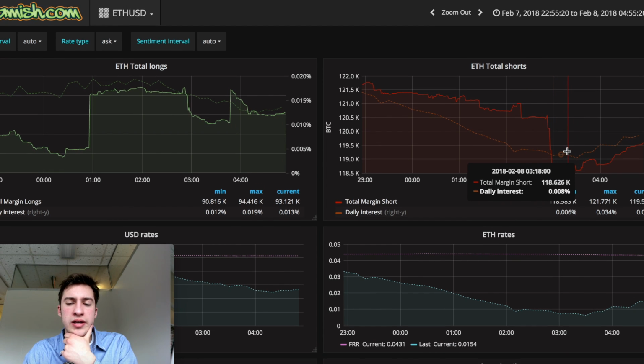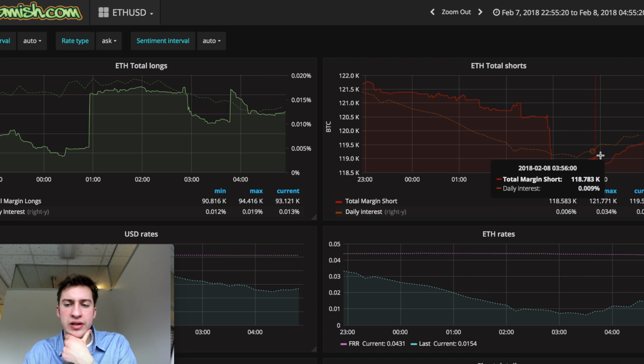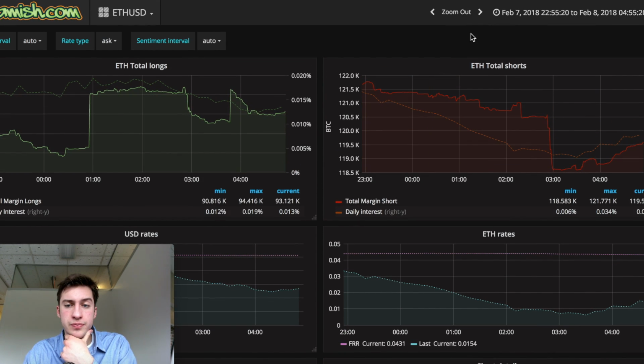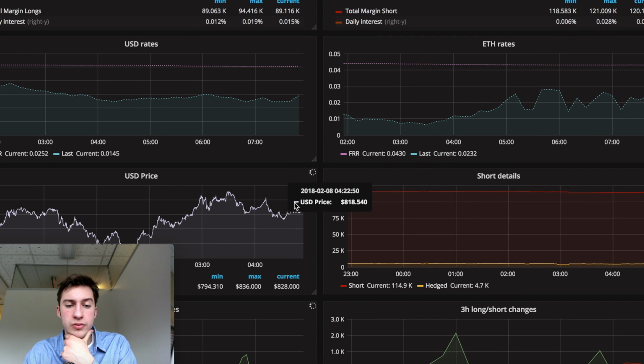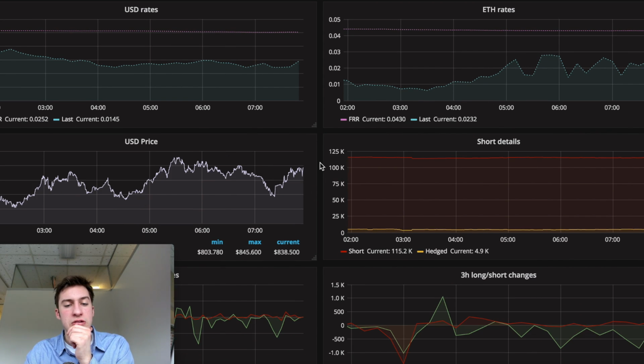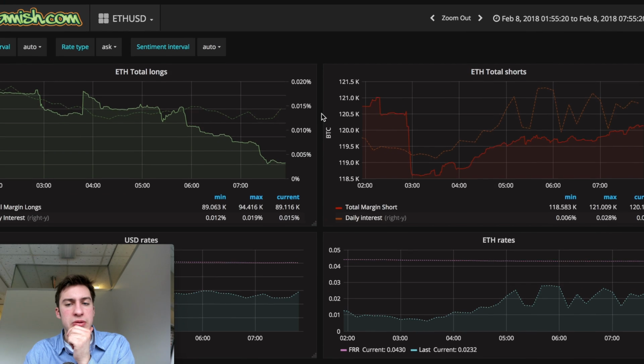And then the ask of the interest rate began to rise here, as you can see with shorts rising as well, interest to short is beginning to increase. So what do we expect for price? Let's see. We still have to wait for USD price to load. Yep, so as you can see here, the price began to, let me just show you a little bit clearer too.